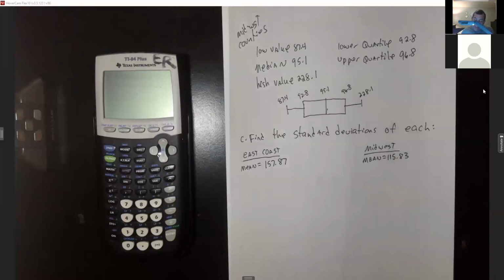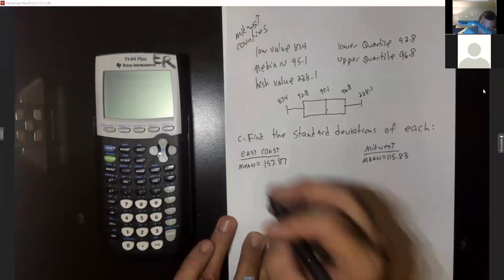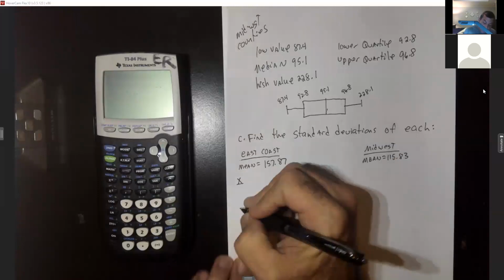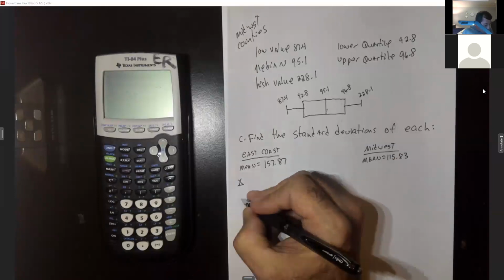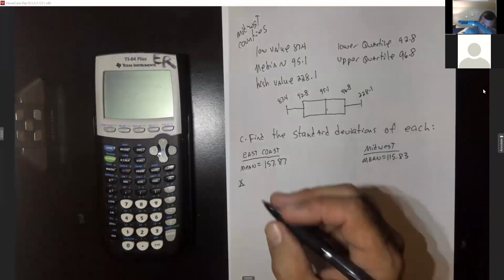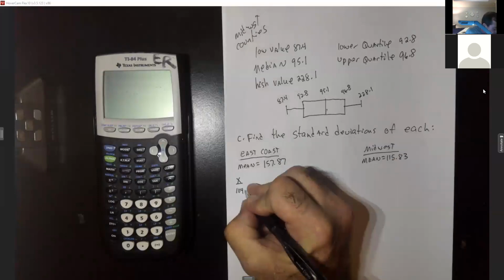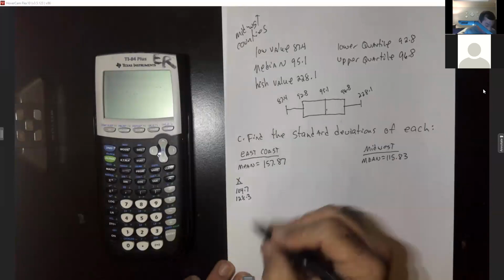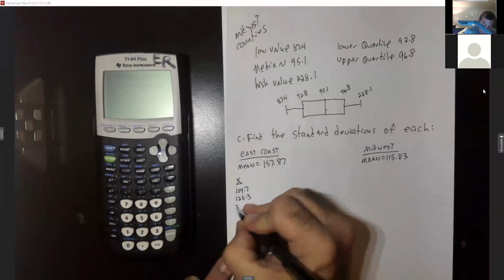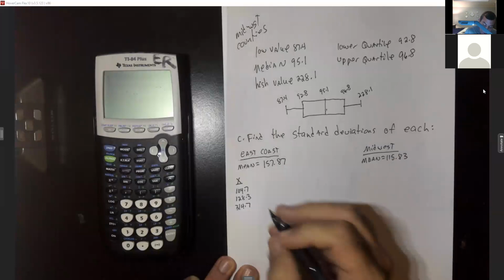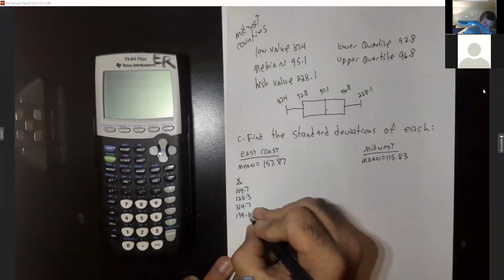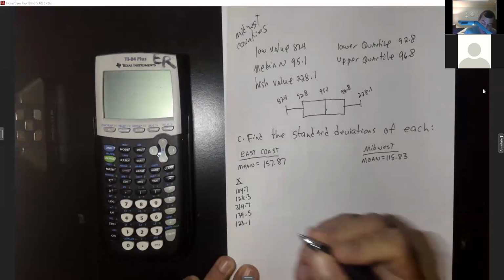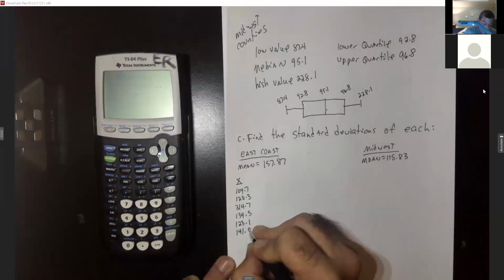So y'all, let me show you what I do to find standard deviations. I take each of my data points and write them down in a line. They don't have to be in order. I had 104.7, 128.3, so I'm just writing the 6 numbers down, 314.7, 134.5, 123.1, and then 141.9.